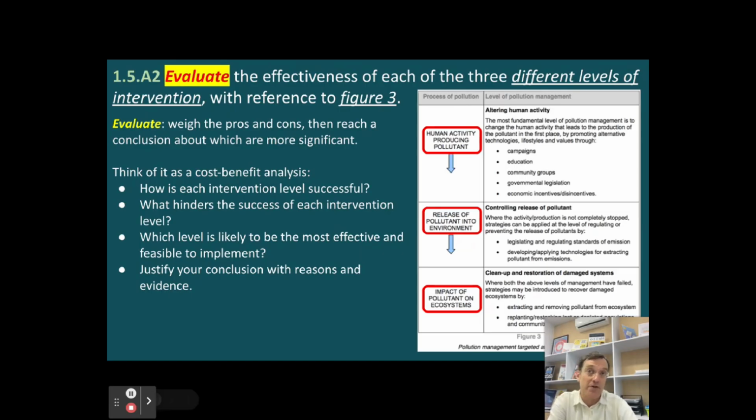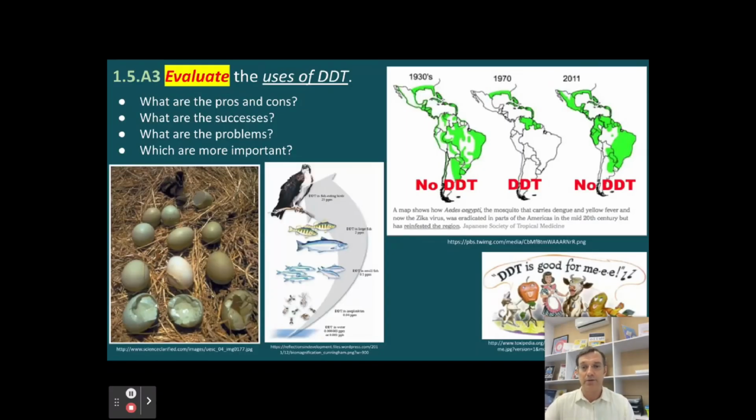I can almost assure you that on the ESS exam, you will be asked to evaluate the effectiveness of these 3 tiers of pollution management with reference to a specific pollutant. It won't just be broad where they ask you to describe or explain each of these tiers. They'll ask you to apply it to a particular pollutant and evaluate the effectiveness of each level. Okay?